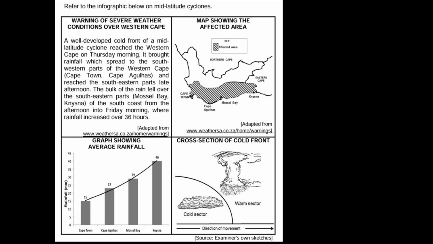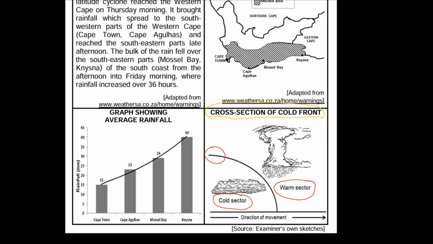Question 1.3.1. The mid-latitude cyclone mentioned in the extract is in the initial or mature stage. Let's look at the cross-section of the cyclone. The cross-section is a good indicator that we can use to check the stage of the cyclone.